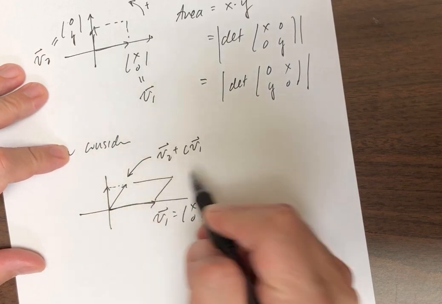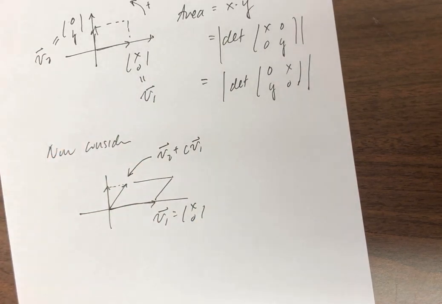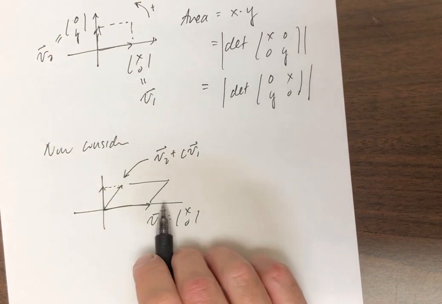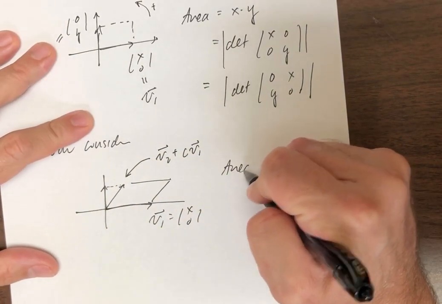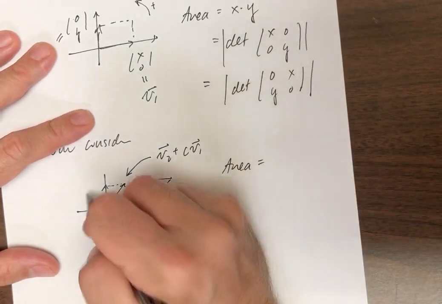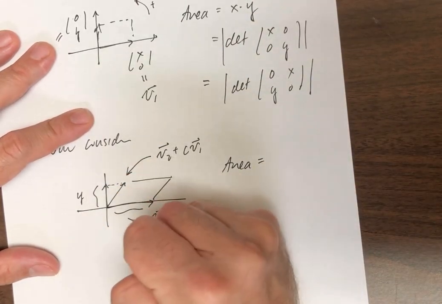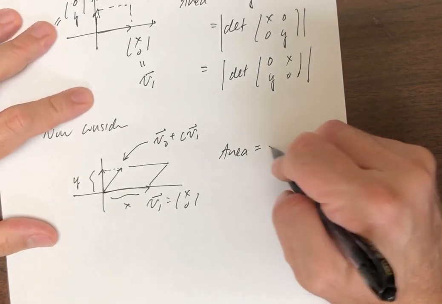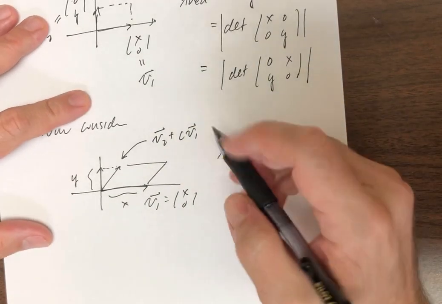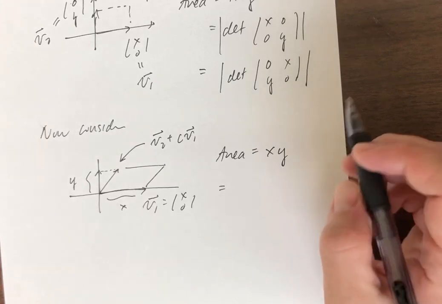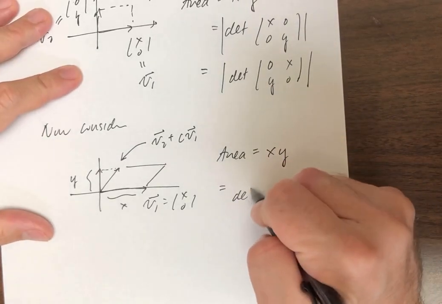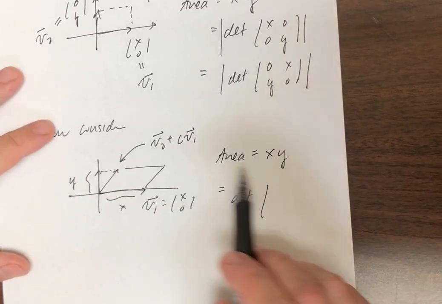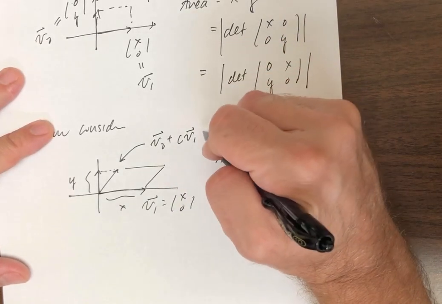And now what I got is this parallelogram, right? And we know now that the area of this thing, just from high school geometry, is still equal to base times height. So the area of a parallelogram is just base times height. This is still xy. But notice that what we know from our previous discussion is that this is the same as the determinant I get by taking this new vector, so what is this going to be?